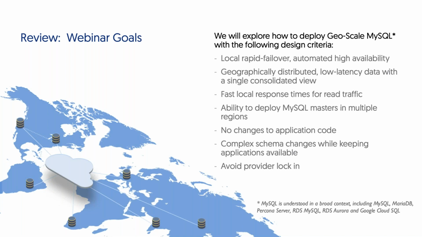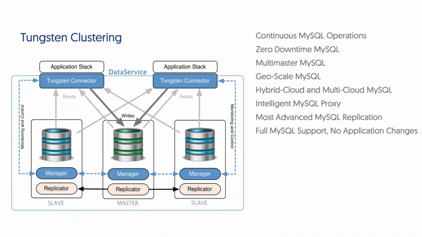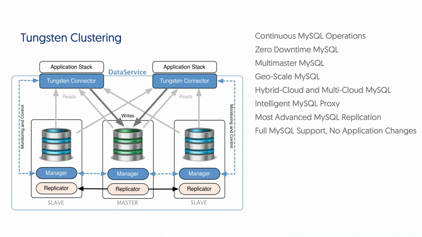So with that in mind, let me introduce you to Tungsten clustering, because Tungsten clustering provides these services. We provide continuous MySQL operations. Again, zero downtime maintenance. We support Multimaster. We can be deployed in hybrid cloud.